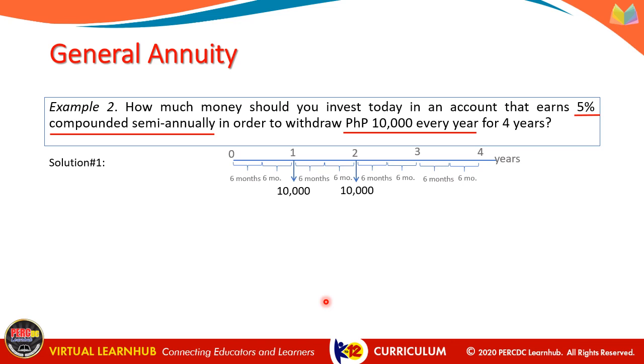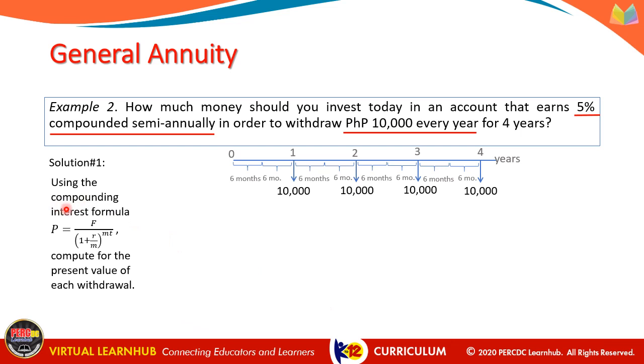At the end of second year or at the end of fourth semi-annual, another 10,000 pesos withdrawal is made. Another 10,000 pesos withdrawal will be made at the end of third year or at the end of sixth semi-annual. And at the end of fourth year or at the end of eighth semi-annual, another 10,000 pesos withdrawal is made.